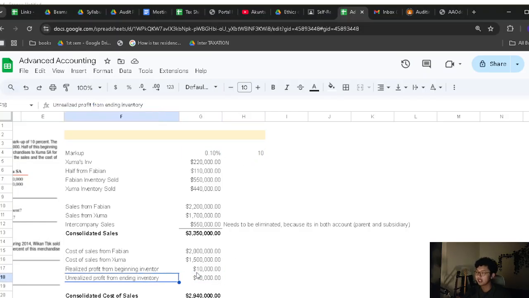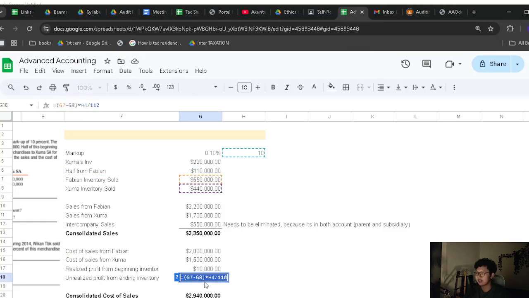I basically did the same for the ending inventory, but the base number is different. It's not the 110 that we get from this, but the 110 that we get from subtracting this by this, because during the period Fabian sold 550, but Exuma only sold 440, so not all of them, and the residual inventory that they still have is 110.